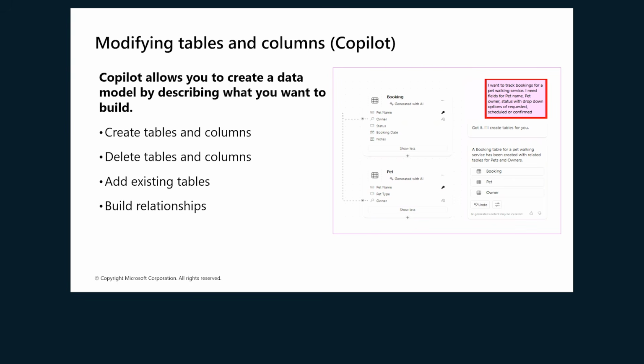The benefits are clear: faster development, reduced manual errors, and broader accessibility to data modeling tools. By bridging the gap between natural language and structured data, Copilot empowers more users to participate in solution development, accelerating innovation and reducing dependency on technical resources.